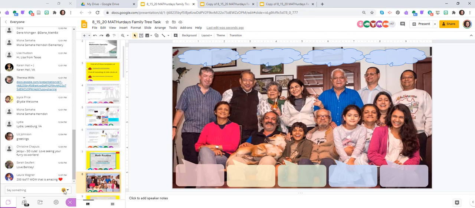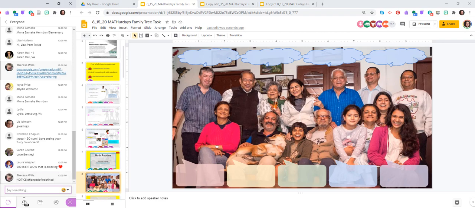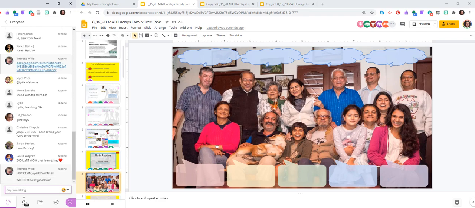This routine is called Notice and Wonder, and this is how you could do it in an online setting. I'm going to ask you to take a look at this photo and type in the chat box the word notice first, and then your response, or wonder, and your response. That's how we'll code what you're noticing and wondering here. Go ahead and use the chat box.